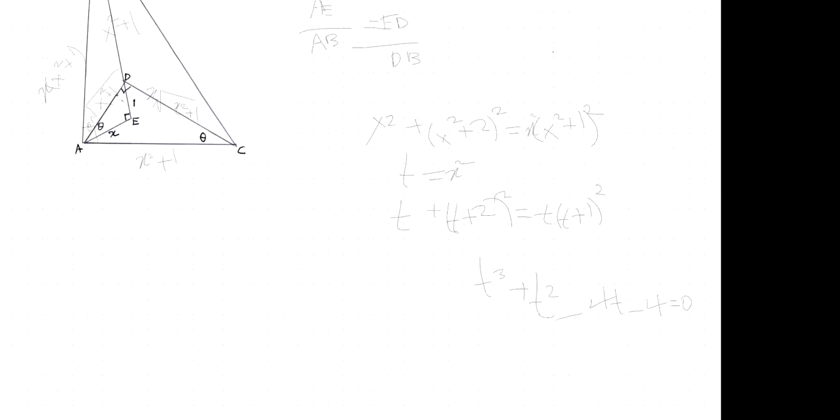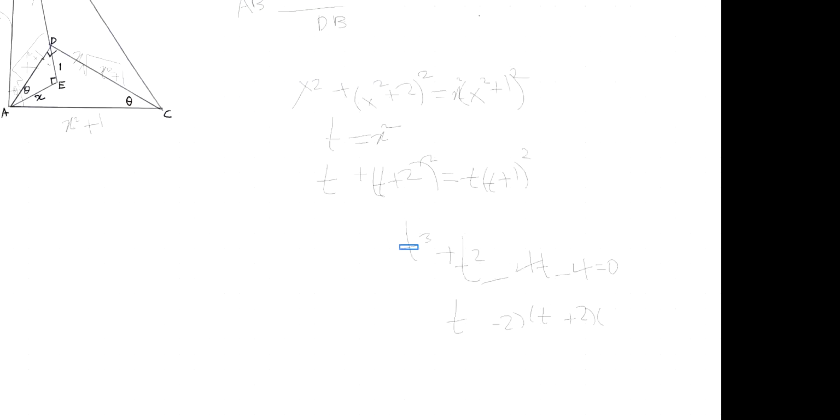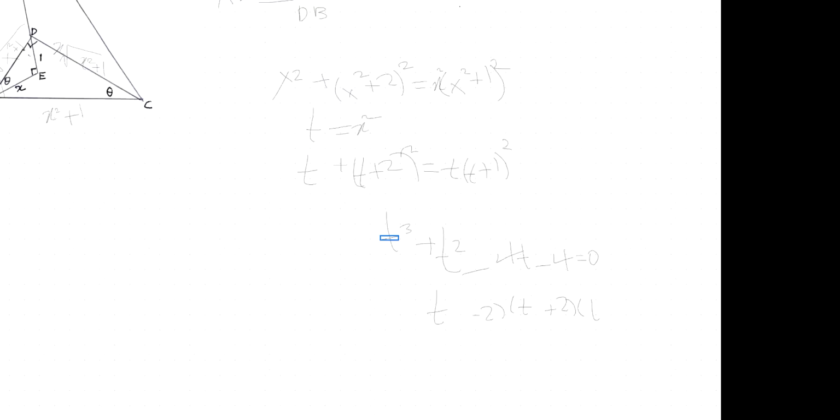And then we can factor this to t minus 2 times t plus 2 times t plus 1 equals 0. So we see that t equals 2 is the only solution. And then from here, we see that BD is just 3.